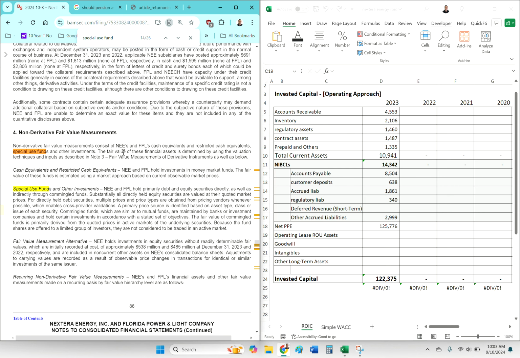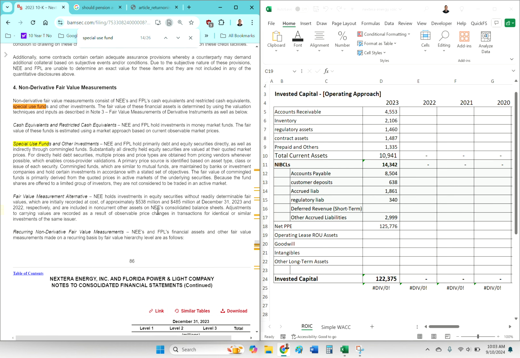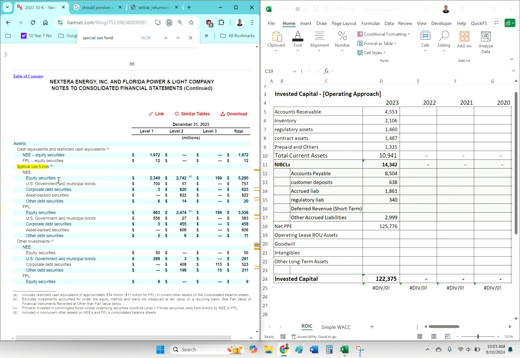So, okay, I'm corrected then, because in this case, they talk about special use funds as primarily debt and equity securities, kind of like a type of mutual fund, but not actively traded. And so they're talking about the different ways they state the valuation there.